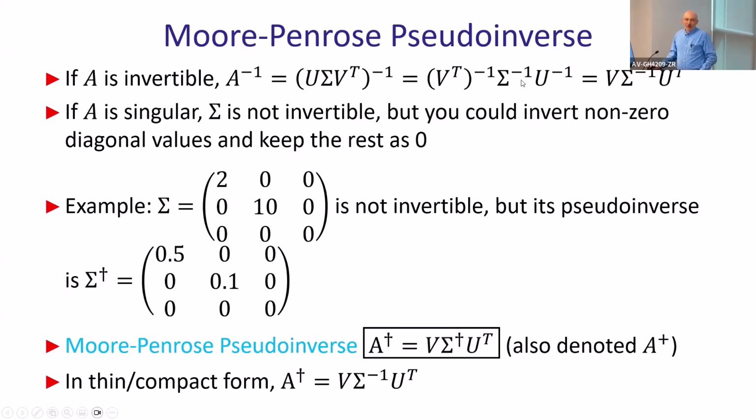All right. Now, V transpose inverse, since V is orthogonal, transpose is inverse. So the inverse will give you V back, right? So it will be V. Sigma inverse will stay as is, but this is a diagonal matrix, which means it's just all diagonal elements inverted, right?